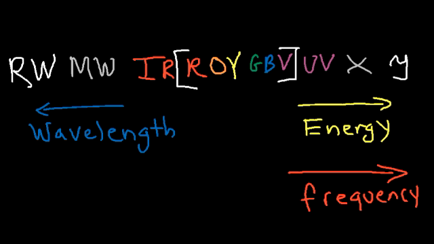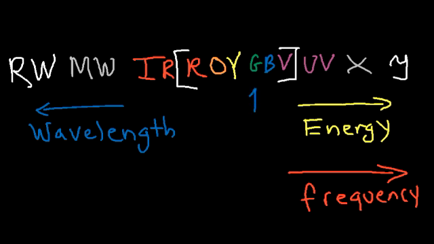So let's say if you want to know which one has more energy, microwaves or infrared rays, what would you say? Now, since infrared is to the right of the microwaves, infrared radiation has more energy than microwave radiation. Now, which one has a higher frequency, yellow light or green light?